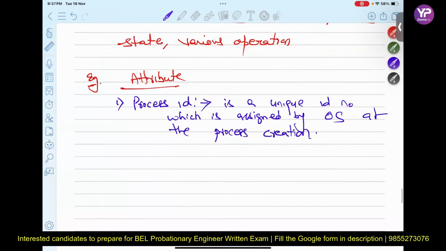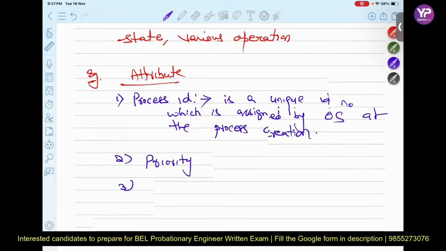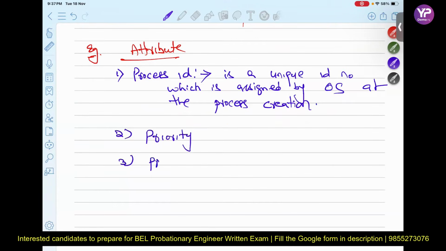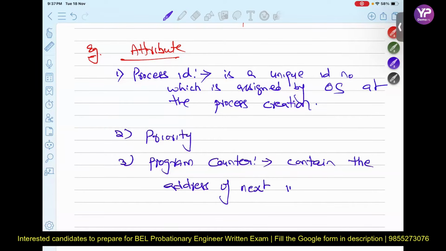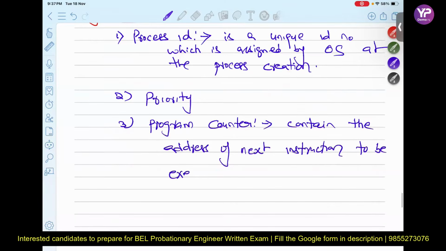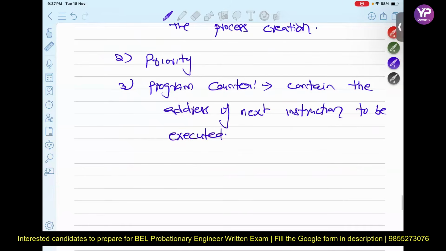The next attribute is process state or priority of a process. Next is the program counter. What is the purpose of the program counter? Basically, it contains the address of the next instruction which is going to be executed.